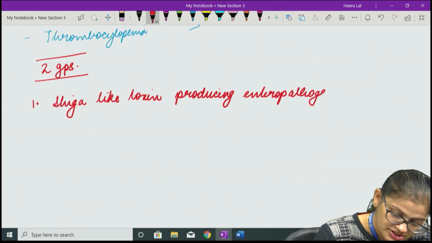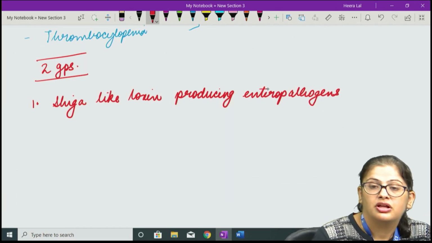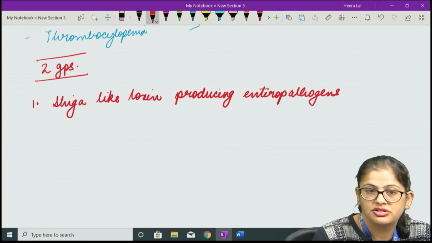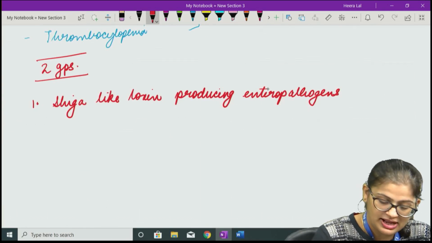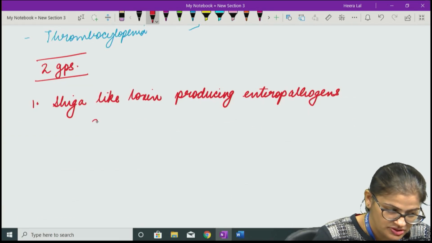This is the more common subgroup, and usually the children affected are between the age of 2 to 3 years.